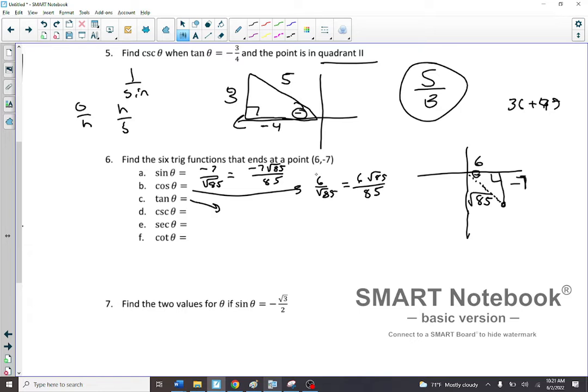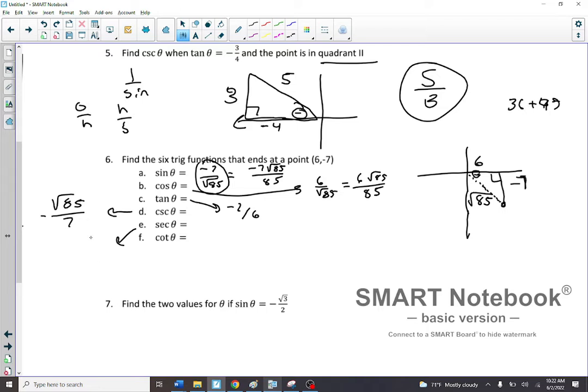Tangent, opposite over adjacent, so negative 7 over 6. Cosecant is the reciprocal of sine, so you don't have to reciprocate and then recancel. It's going to be root 85 over negative 7.